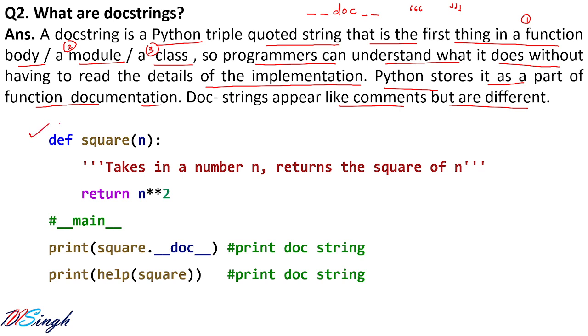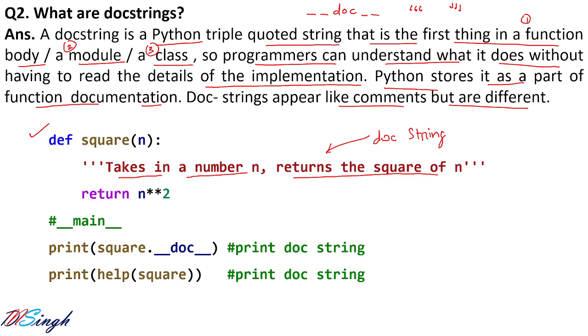There we have a function called square. Inside that we have, as the first thing, a string inside triple quotes, that is what? Doc string. Now what is the advantage? The advantage is that if someone does not know what this square function is doing, he has two ways to display the doc string, which will tell exactly what that function is doing.